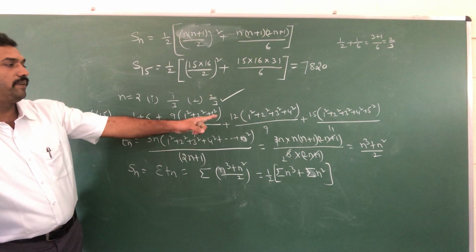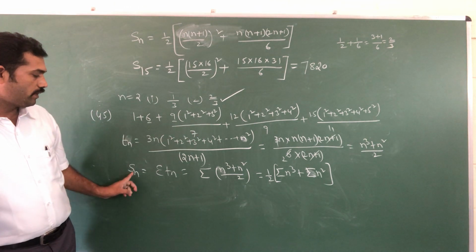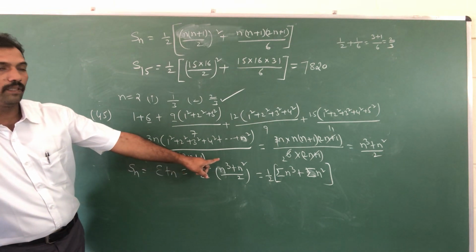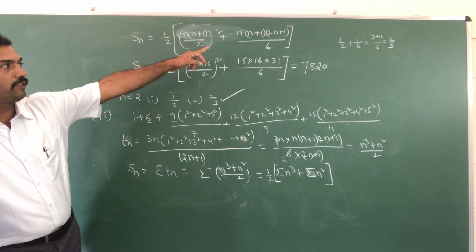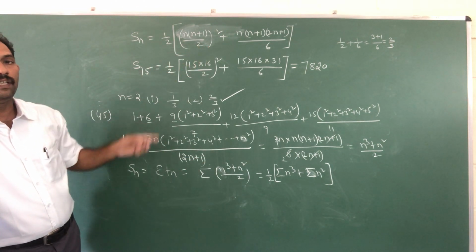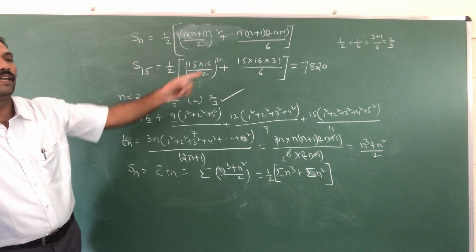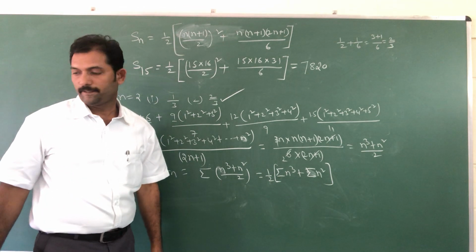Simplified, we are getting n cube plus n square divided by 2. Then Sn is equal to sigma Tn. Sigma n cube means this, sigma n square means that. I required only the sum of 15 terms, n is equal to 15 substituted, simplified, we are getting 7,820. You are getting this value.